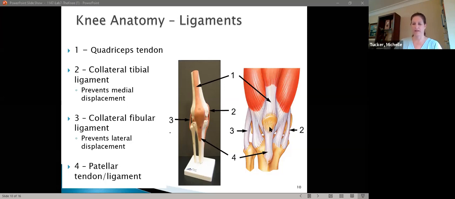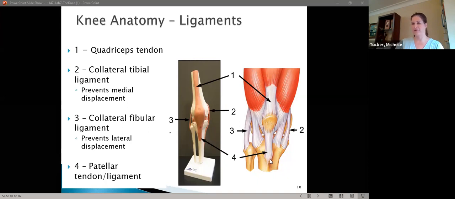And then coming down from the patella to the tibial tuberosity, sometimes it's called the patellar tendon, and sometimes it's called the patellar ligament. It really depends on if anatomists consider it an extension from the quadriceps tendon all the way down, and the patella just gets embedded in the middle, or if it's a new structure originating from the patella to the tibial tuberosity.